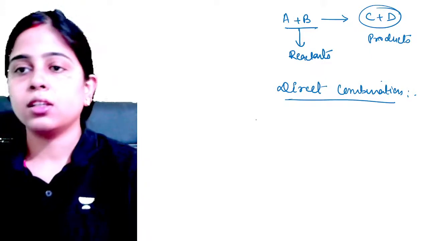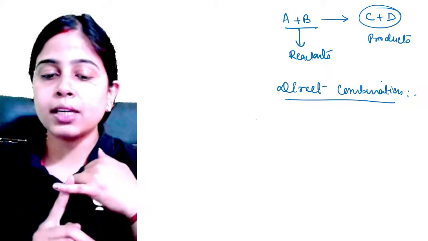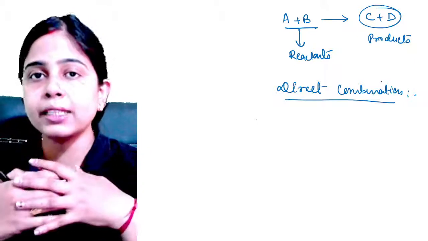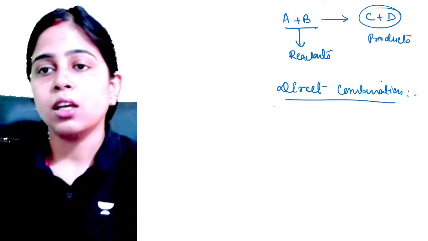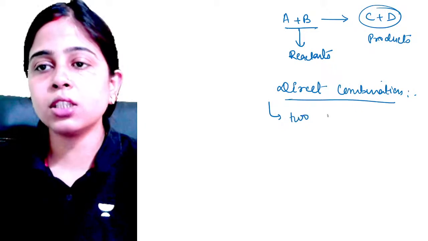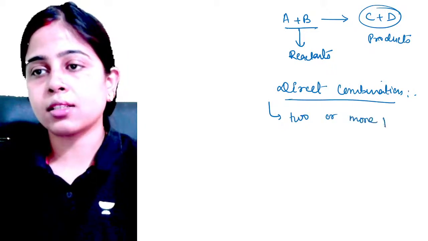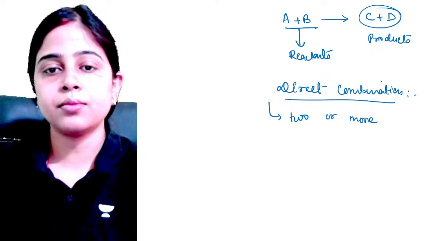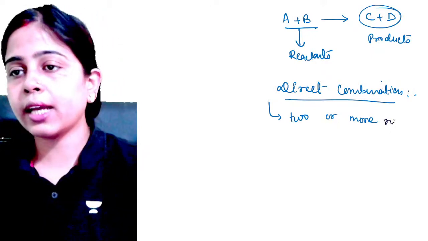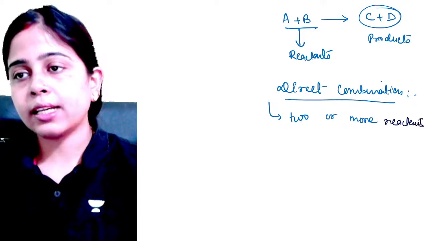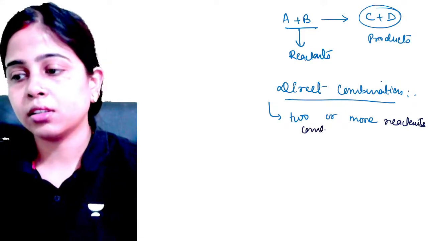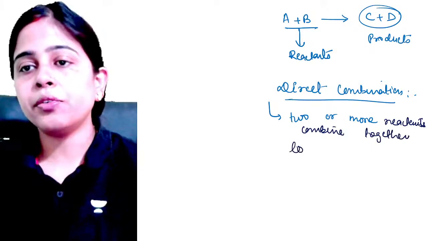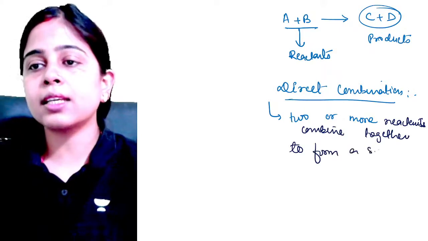Okay. So direct combination, what is happening? The reaction where your two or more substances are combining together to give a single product. So what happens in combination reaction? Two or more reactants basically. Okay, so two or more reactants, they combine together to form a single product.